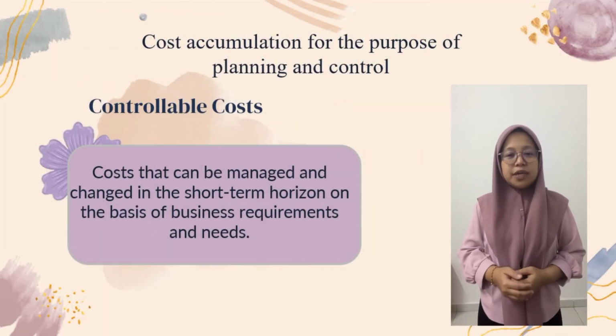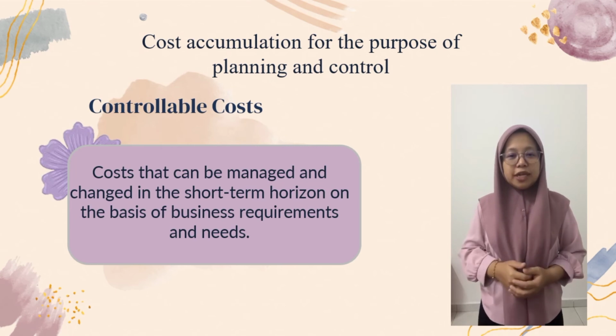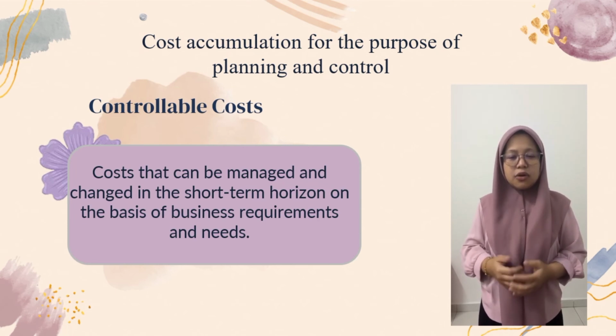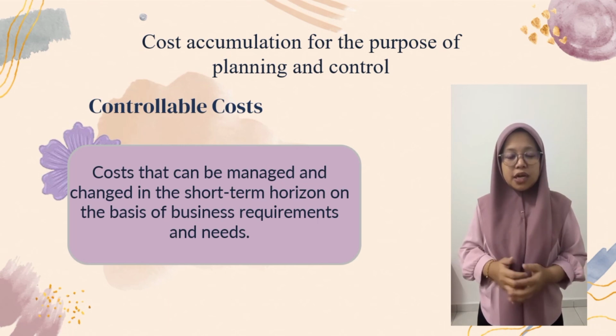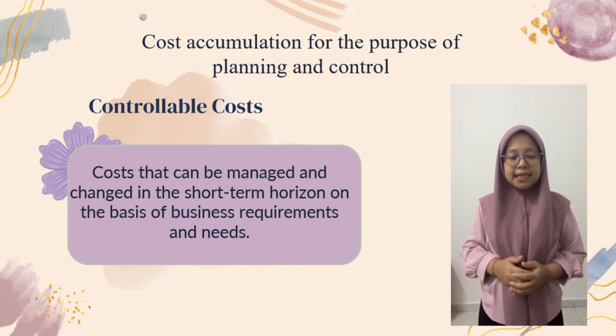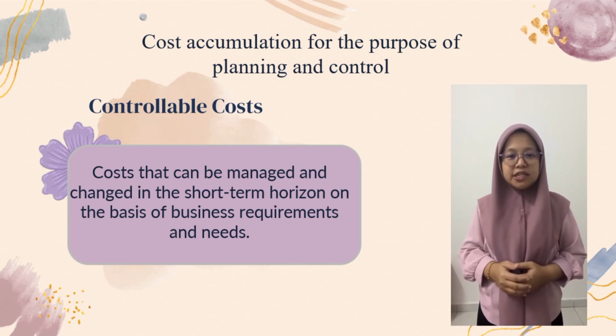Next, I will explain cost accumulation for the purpose of planning and control, which are controllable costs and non-controllable costs. Controllable costs are those cost items that can be managed or altered in the short term through specific management decisions.